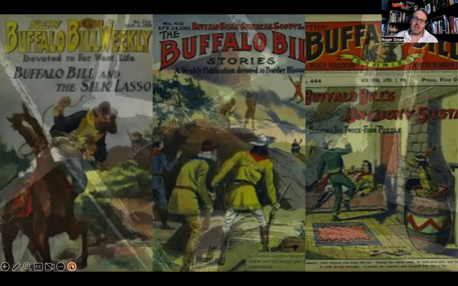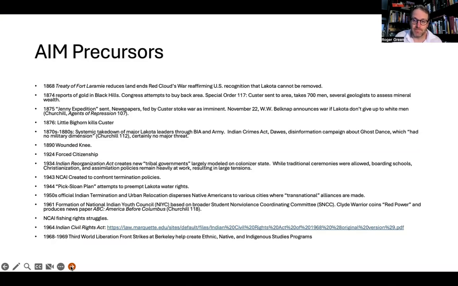So what we see is this culture of pulp novels and stories that have been being told, and we see it in literature too, right? I mentioned the Leatherstocking Tales of Fenimore Cooper's American novels, like Last of the Mohicans being the most famous one there.